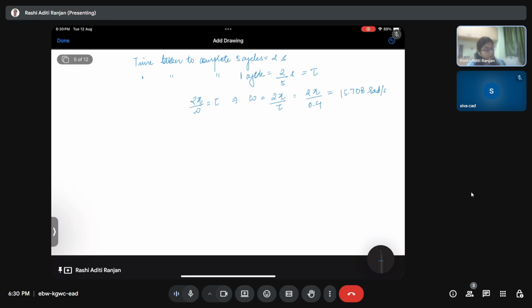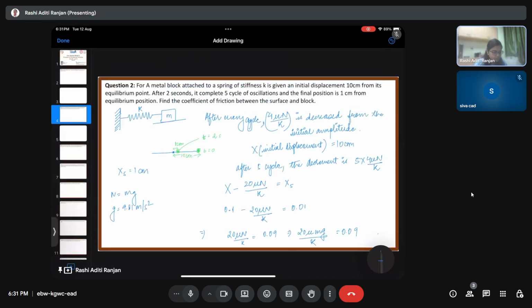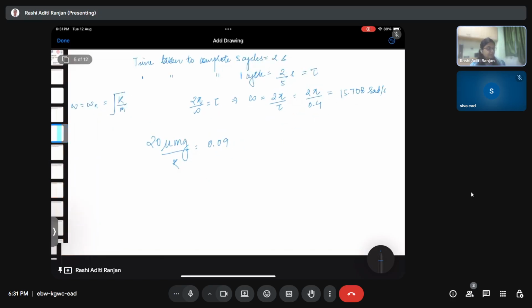Okay. Also, for Coulomb damping, omega is equal to omega n, which is nothing but the square root of k by m. And over here, as you can see, we have 20 mu mg by k is 0.09, right?